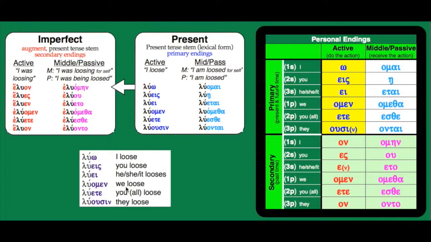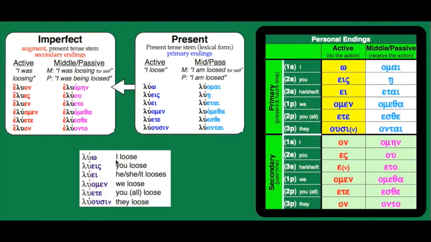Notice how we get all this information just with these endings. Also, look at English. Notice that the word loose doesn't change, except notice in the singular, a third person singular it does, which is just an oddity of English. But for the most part, you can't see the person and number in the verb itself in English, right?